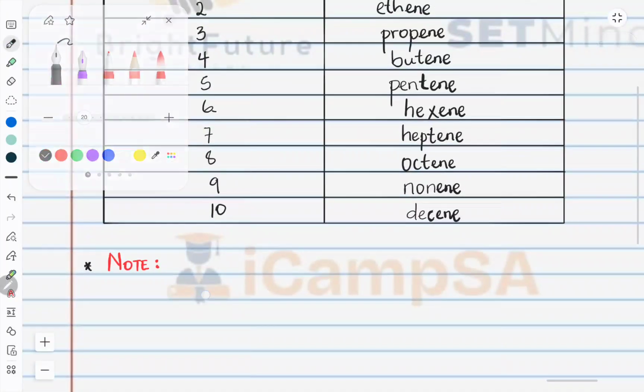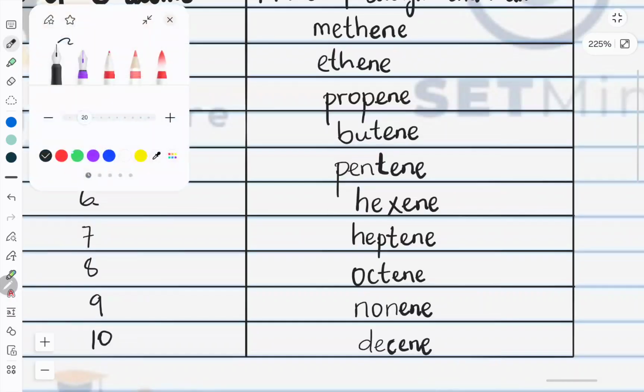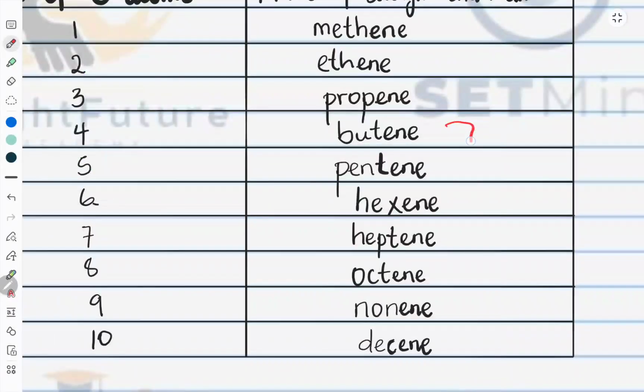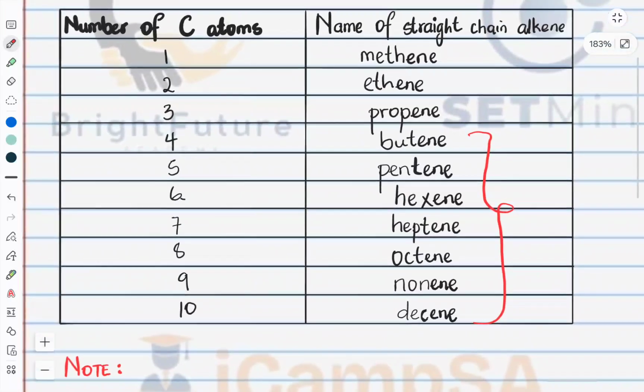For that reason, you'll find that you will rarely, if ever, find an alkene with these names from butene all the way to decene, right? Because you have to specify where the double bond is located, and usually we use a number. So after propene, there's no simple name.